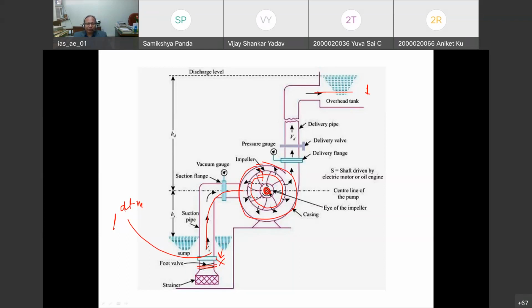So what happens in this section if it is filled with water? You know that the general formula for vacuum pressure P is rho g h.